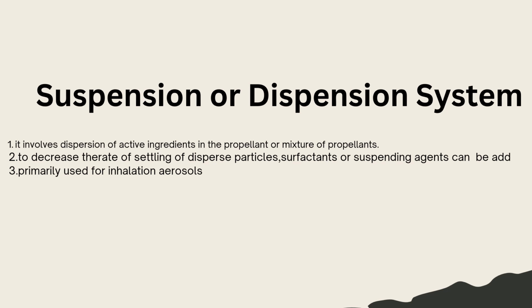Dispersion systems involve dispersion of active ingredients in the propellant or a mixture of propellants. Suspending agents are added to decrease the settling rate of the particles. Primarily used for inhalation aerosols. Stability problems observed in the system include caking and agglomeration.